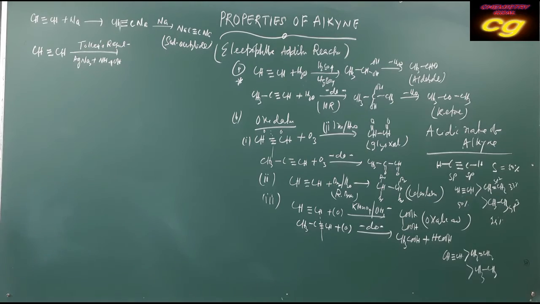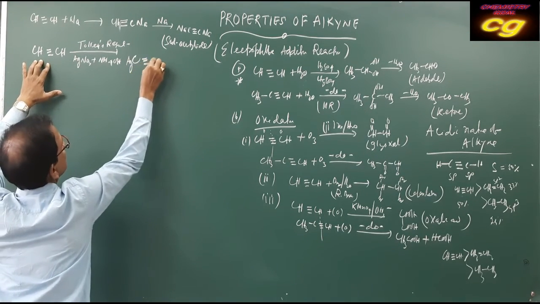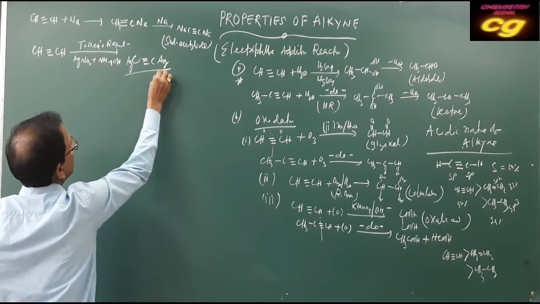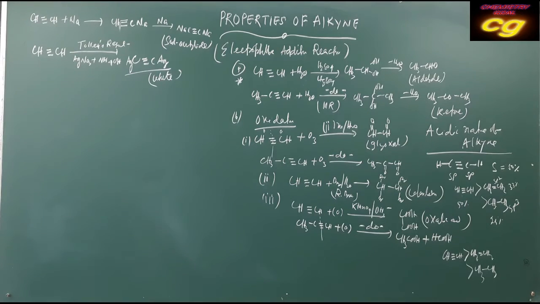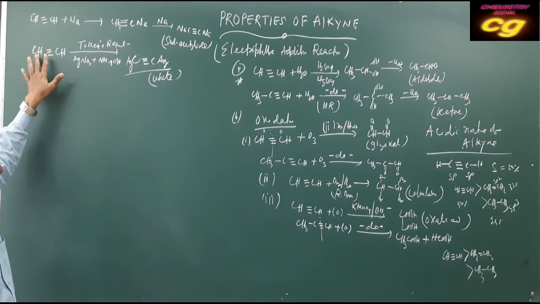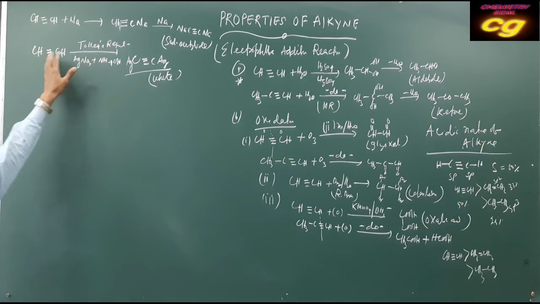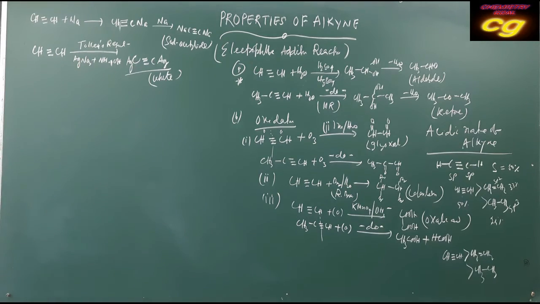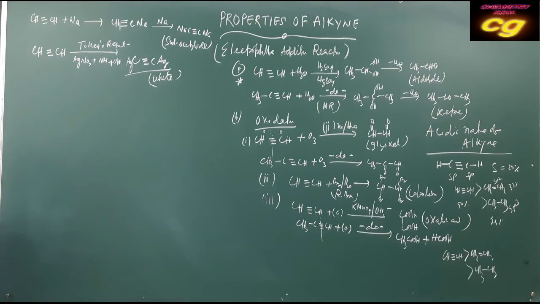It reacts with Tollens reagent to produce Ag triple bond CAg, silver acetylide. This is formed as a white precipitate. Here, as it has acidic hydrogen, the Tollens reagent produces a salt with acetylene because of the acidity. This salt is water insoluble and is obtained as a white precipitate.